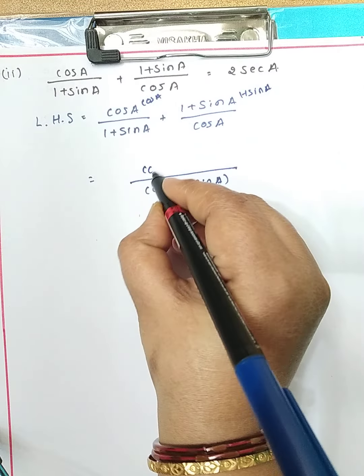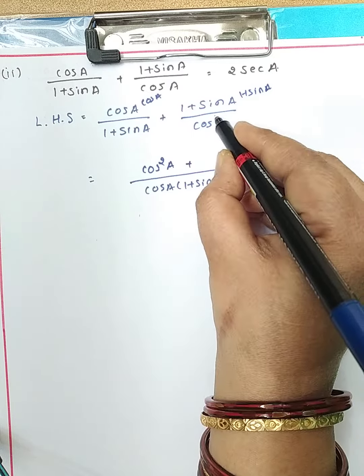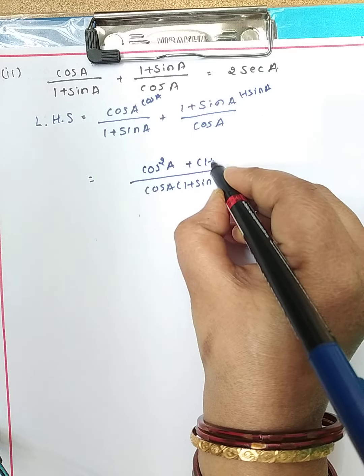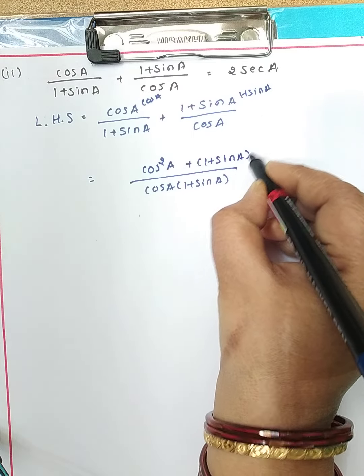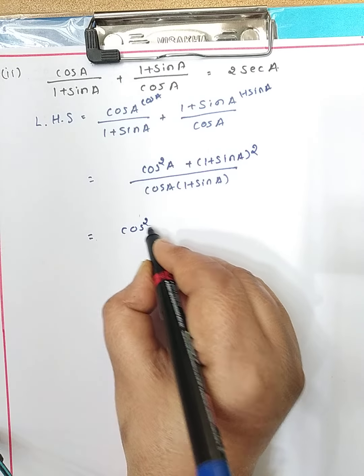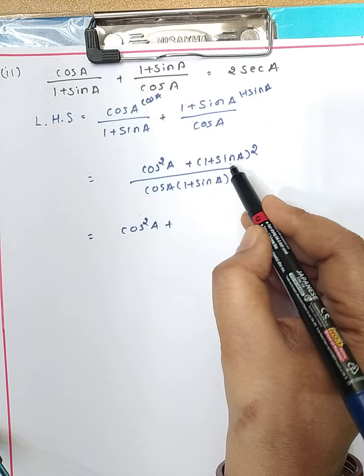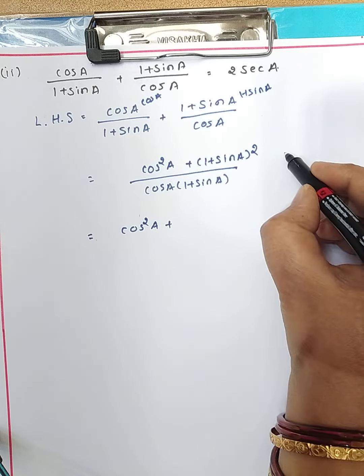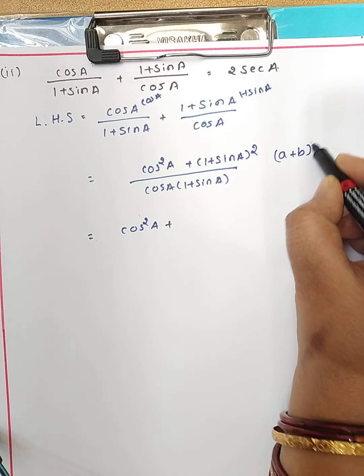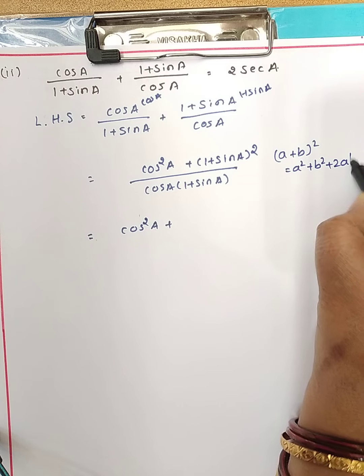In the numerator, cos a into cos a is cos square a, plus (1 plus sin a) into (1 plus sin a), that is (1 plus sin a) whole square. Now this is of the form (a plus b) whole square, that is a square plus b square plus 2ab.